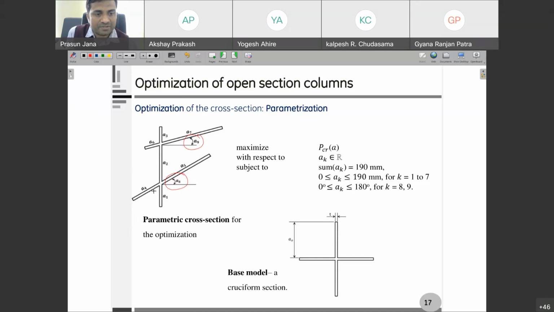So regular shapes, we can get something like, you can see some H section you can get if I have parameters chosen in that way. So here you can see A1 is 0. So in this particular case, A3 is 0, then A4, A5 same, and then A6, A7 same, and then A8 and A9, they are 0.